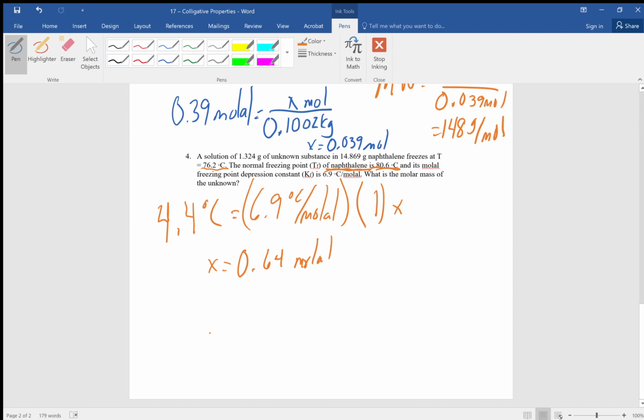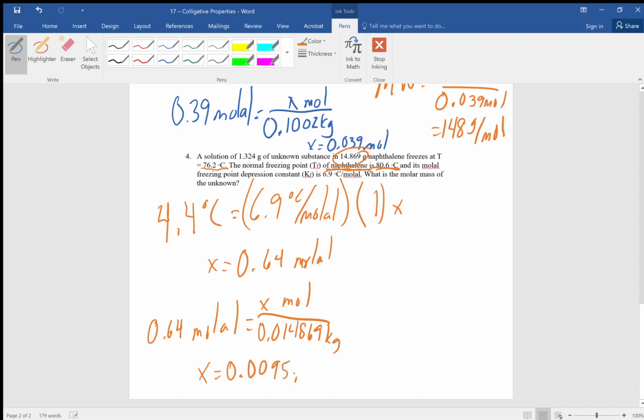Again, we can use that 0.64 molal is equal to the number of moles over the mass of the solvent, 0.014869 kilograms. So our number of moles is 0.0095 moles.